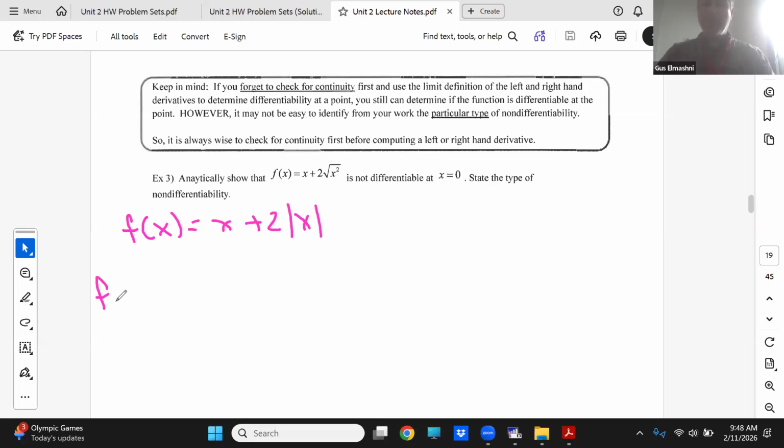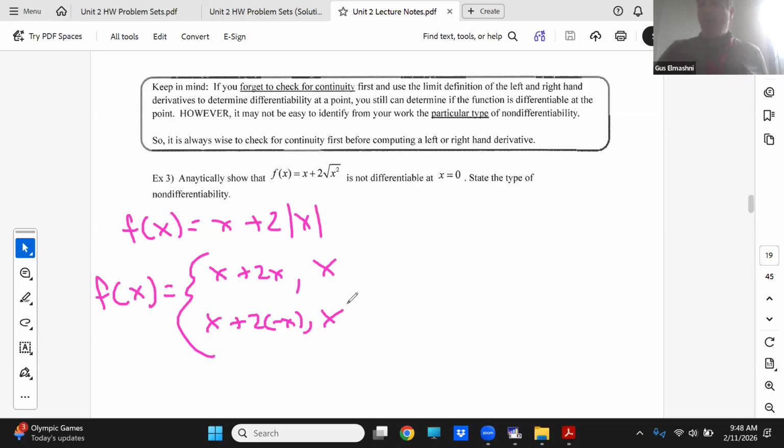And I'm going to write a piecewise function because we can and we should. Why would I go 2x when x is what? And when x is bigger or less than 0? Yep, because it's like a graph, think about the graph. I know that was a little bit of a confusing part.